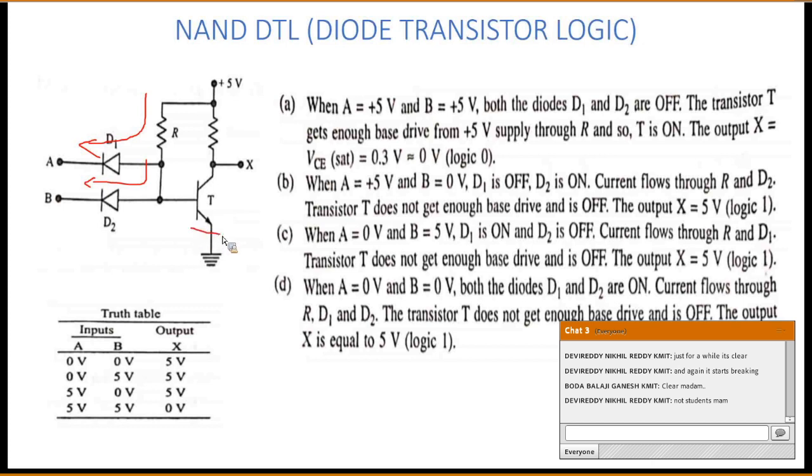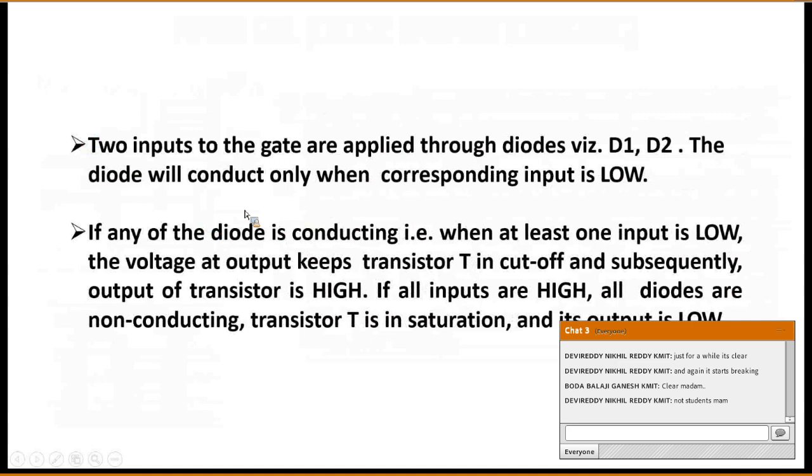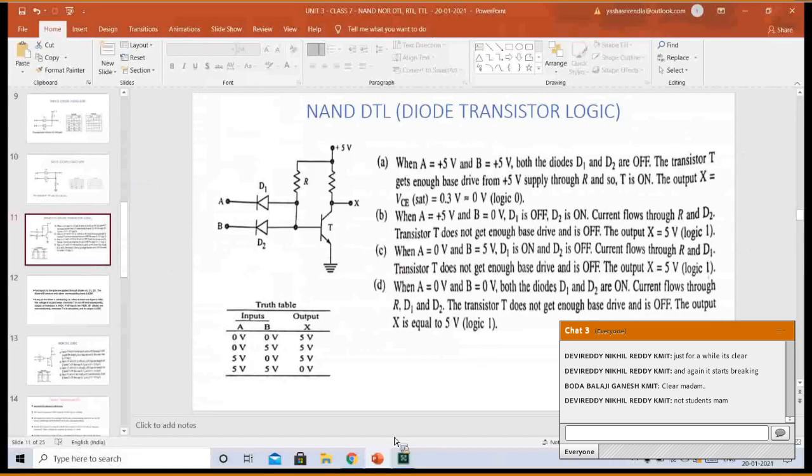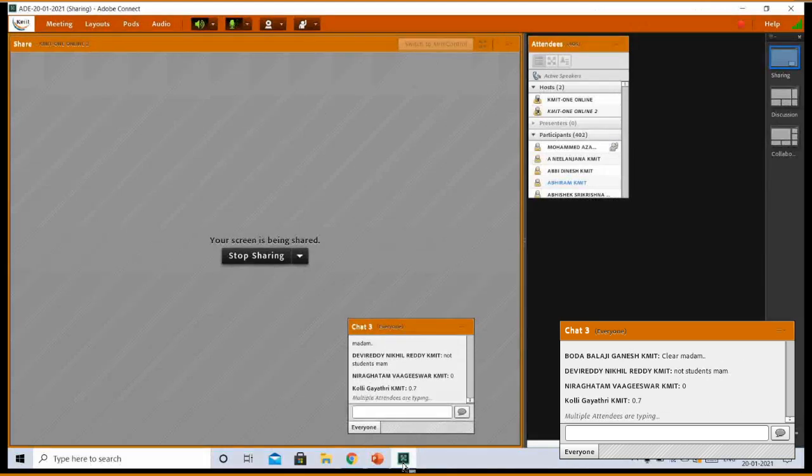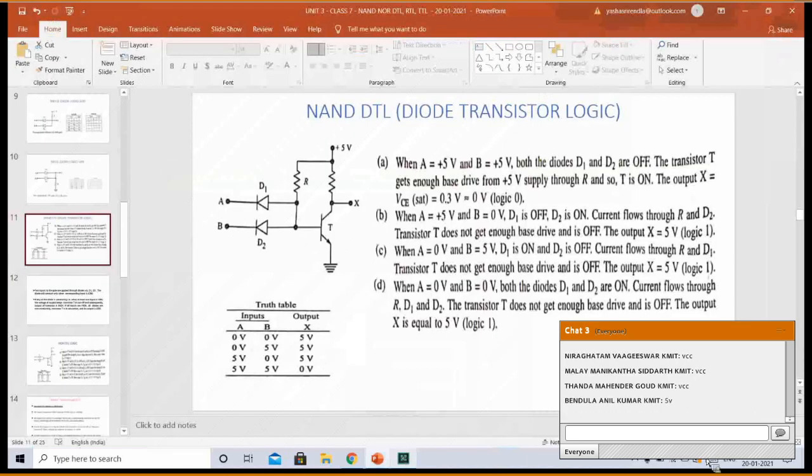Just now I asked, if the transistor is off, what will be its output voltage? Anybody? If the transistor is in the off state, what is its output voltage? Yes, it is VCC, 5 volts.